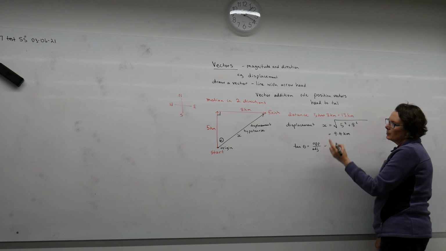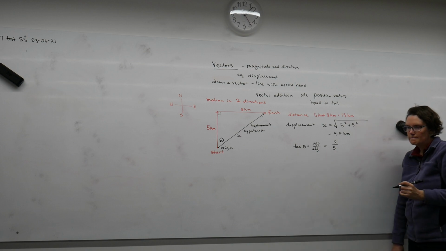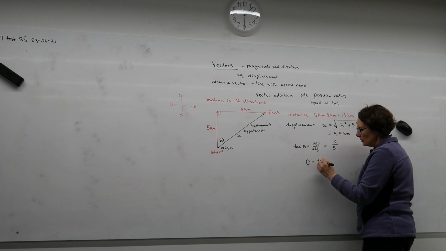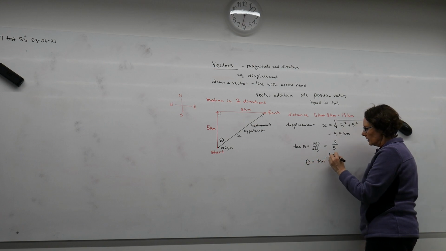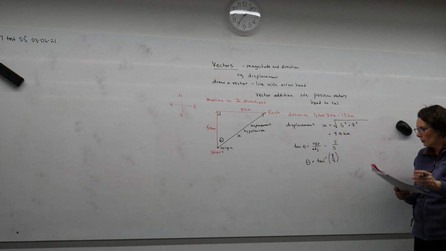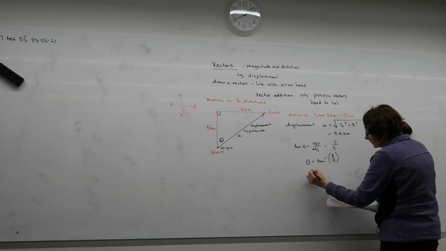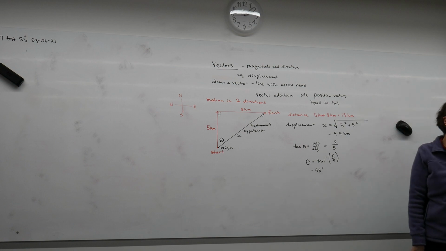So that's going to be 8 over 5. And you might also remember that to find theta then is equal to the inverse tan of 8 on 5, which gives me 58 degrees, which is still half a direction, isn't it?